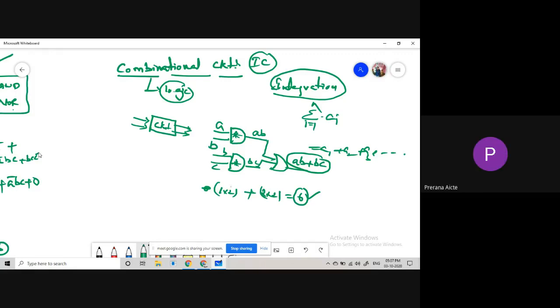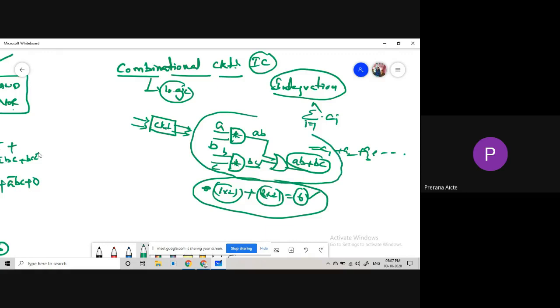Here we have one product term and another product term. These two product terms are added, and finally we get the result 6. Based on this mathematical operation, we construct one logic diagram. It is nothing but AB plus BC only.